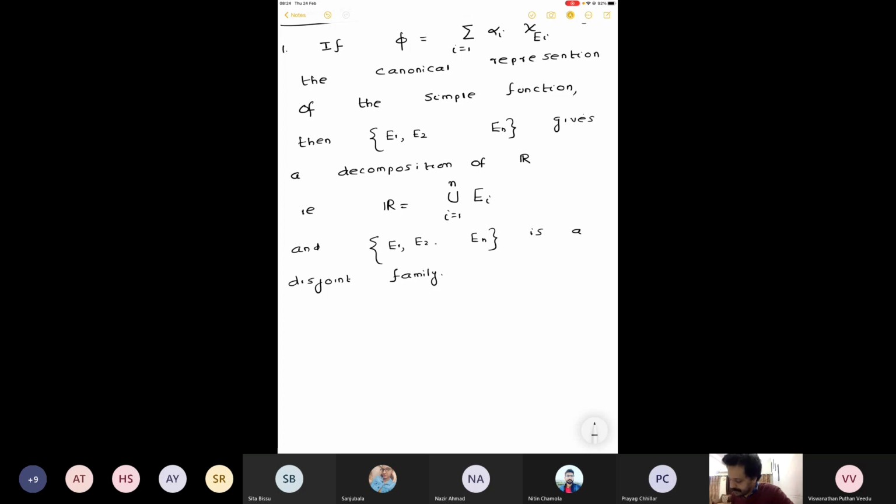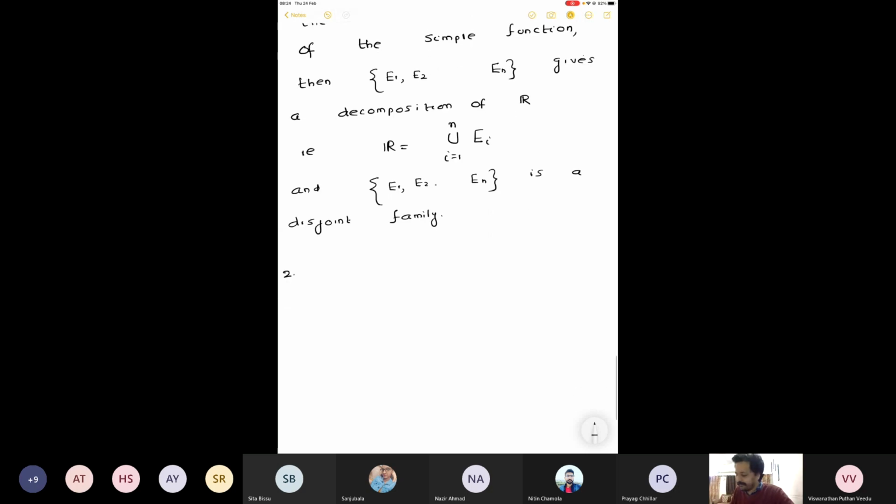Now, another remark that I would like to make here, again a simple consequence of the canonical representation. Suppose the distinct values taken by phi are, say, alpha_1, alpha_2, etc., alpha_n, but I just ignore the zero value. Phi may be equal to 0 at some point.